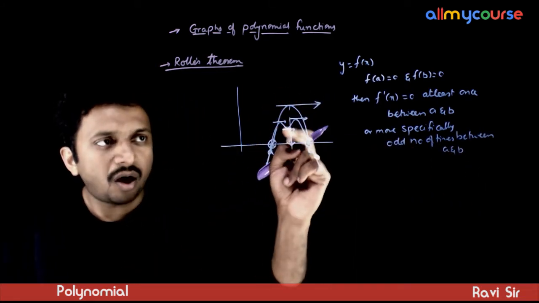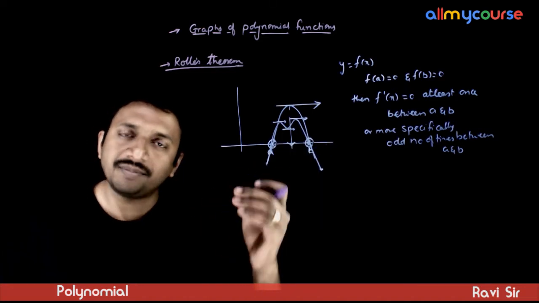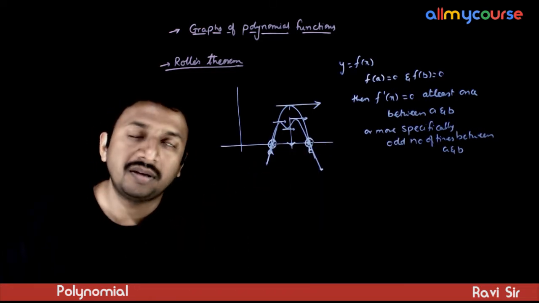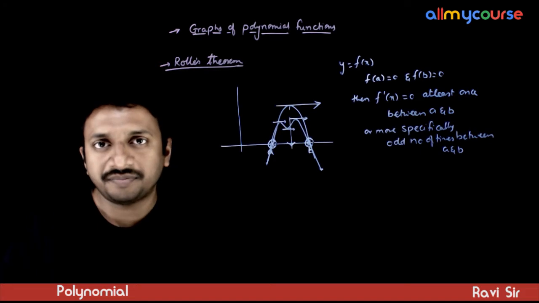So either once or 3 times or 5 times or 7 times, and so on. So this is called Rolle's theorem.